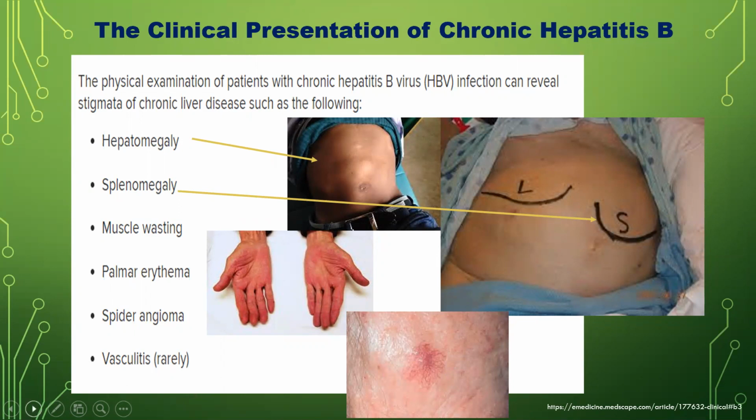Vasculitis occurs rarely, but vasculitis is inflammatory change of the wall of vessels in patients with different disorders, including hepatitis.